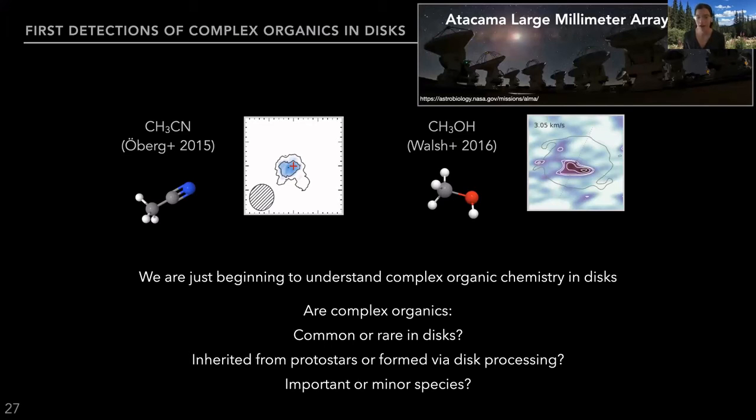Questions like, are these complex organics common or rare in disks? Are they inherited from earlier stages or formed through disk processing? And are they important or minor species as far as the total volatile budget goes? So we set out to answer some of these questions by surveying methyl cyanide and cyanoacetylene in protoplanetary disks.